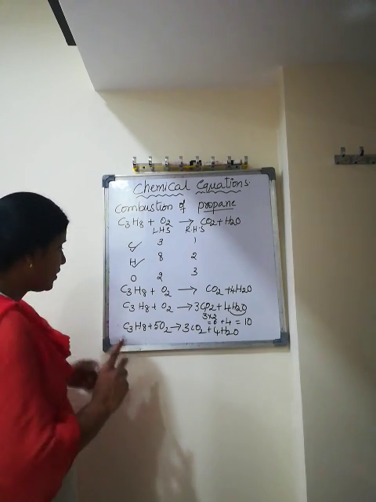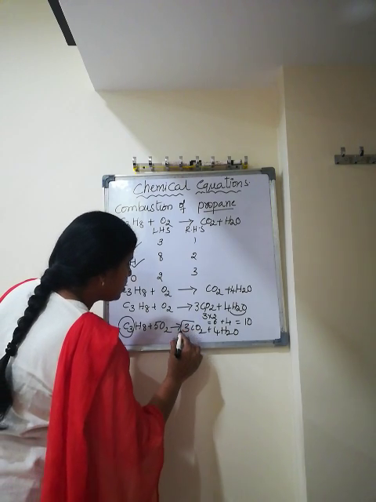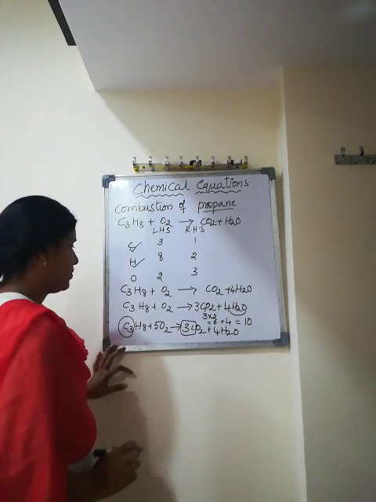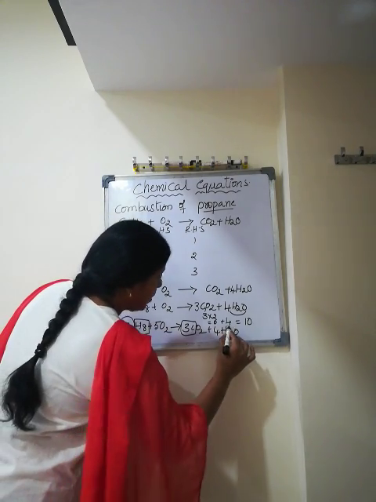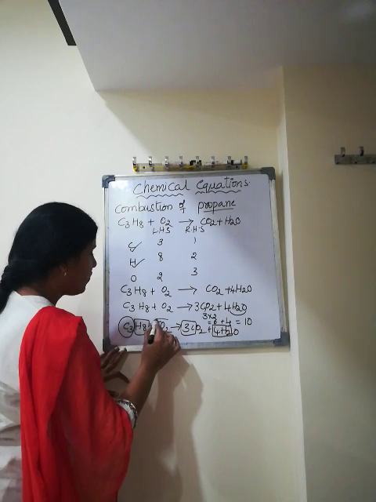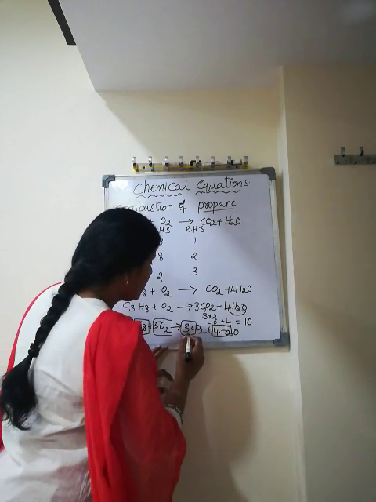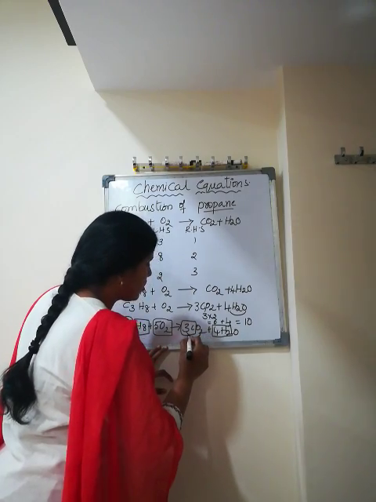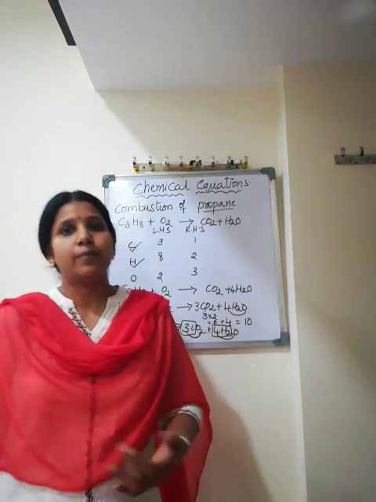Once again we will check. Carbon atoms are 3, in product side also carbon atoms are 3. In reactant side hydrogens are 8, in product side also hydrogen atoms are 8. Here 5 2s are 10 oxygens in reactant side. Coming here, 3 2s are 6 oxygens and 4 1s are 4, 6 plus 4 is 10.